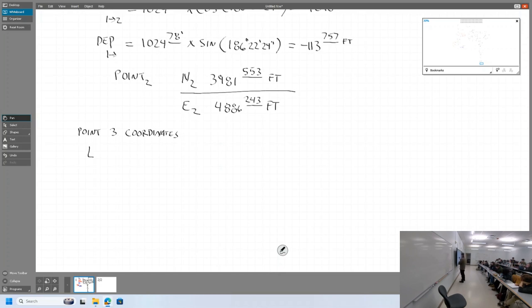The latitude 2 to 3 is equal to the new slope distance.